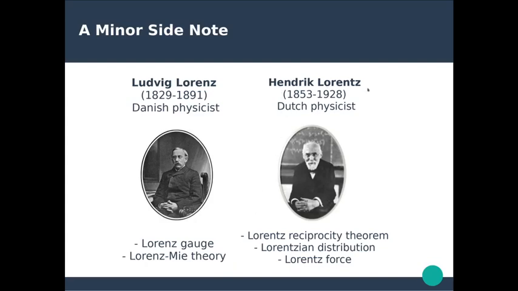And Hendrik Lorentz, with a T, is a Dutch physicist, who gave his name to the Lorentz reciprocity theorem, but also to the Lorentz distribution, the Lorentz force, and for instance also the Lorentz transform.